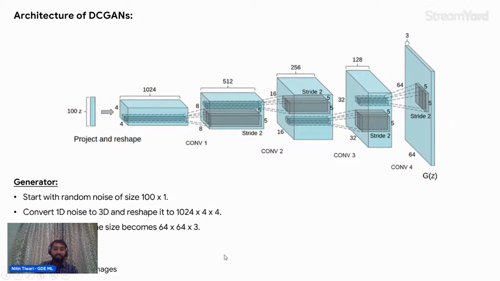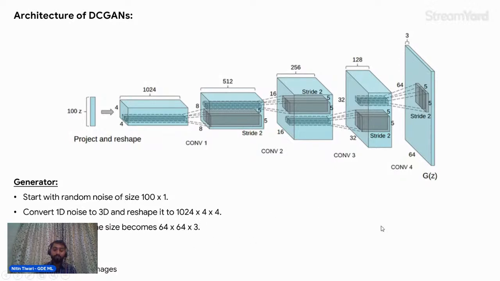But what are these numbers actually? In non-technical terms, 64 and 64 are the height and width of the image. Whatever output is generated by this generator is an image of 64 cross 64 size, and the three resembles the RGB channels, the red, green and blue.